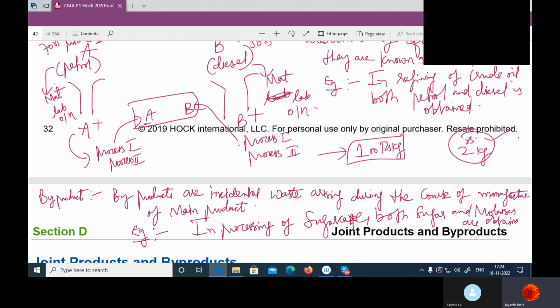So molasses we don't want, but it is obtained. That can be used for alcohol production, correct? So that will be used in the production of alcohol. I don't know, sir, I'm not a science student.